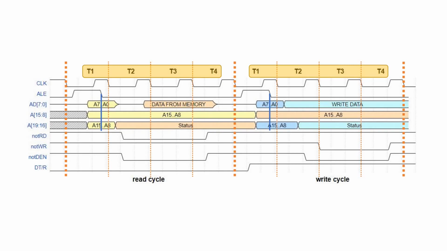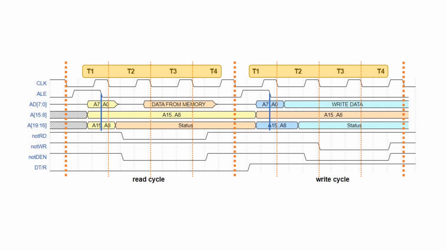But when ALE goes low, the inputs of the latch are latched on the outputs, and so that forms part of the address bus. The AD bus is now free to be used for data transfer purposes, and so we can see in T3 and T4 states we're expecting the data to come back from memory, and the data will be latched by the rising edge of the not read strobe.